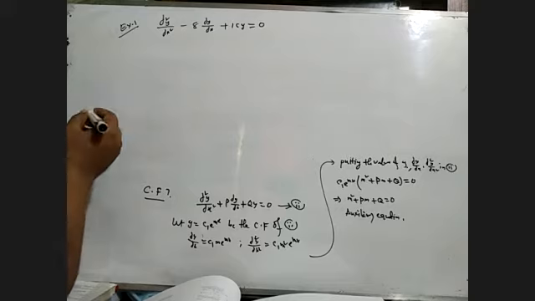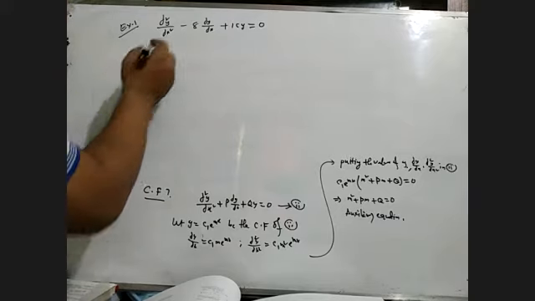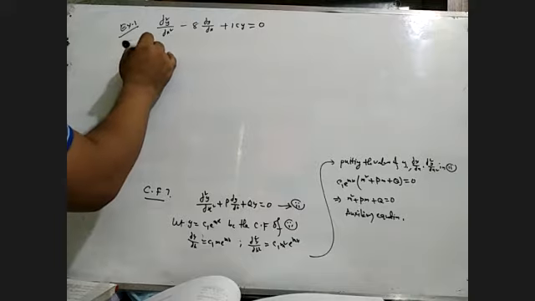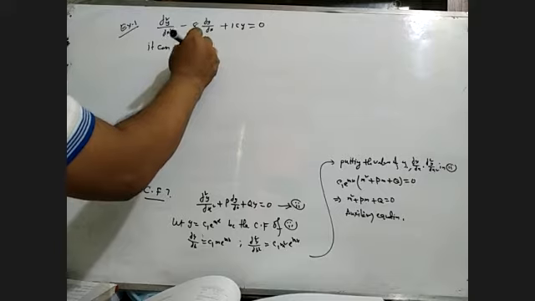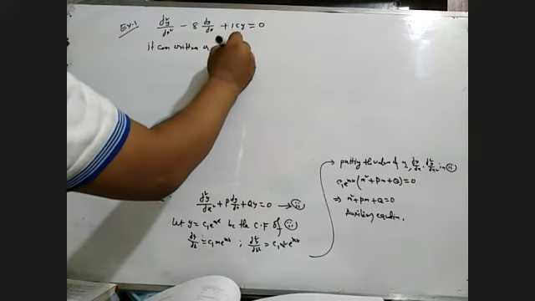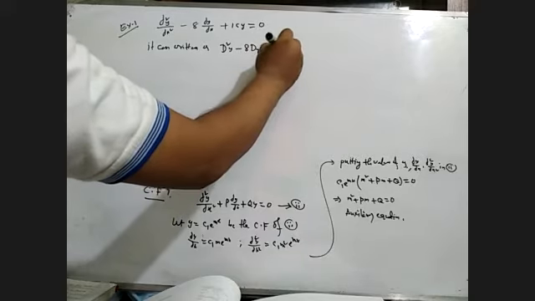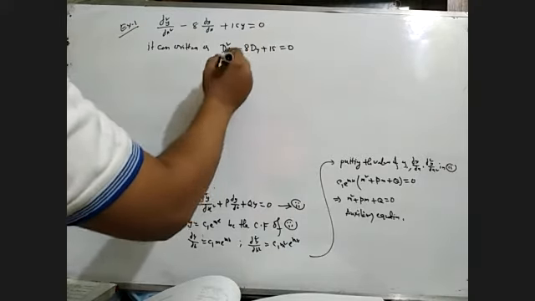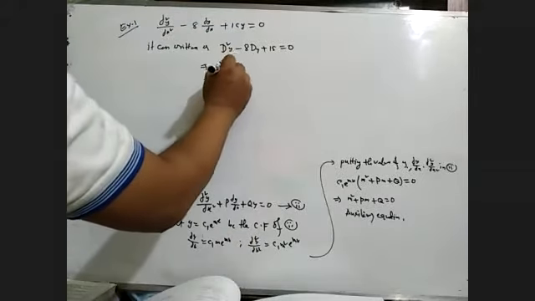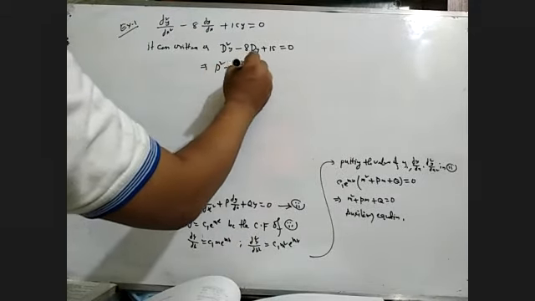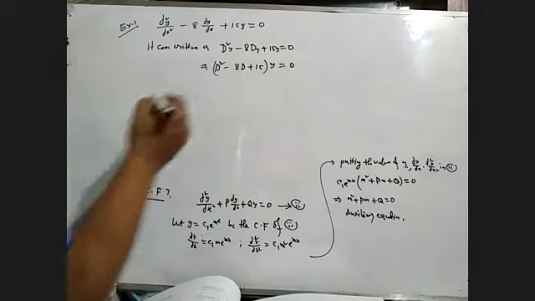To solve these types of differential equations, we can write it as D² − 8D + 15 equals 0, or (D² − 8D + 15) y = 0.